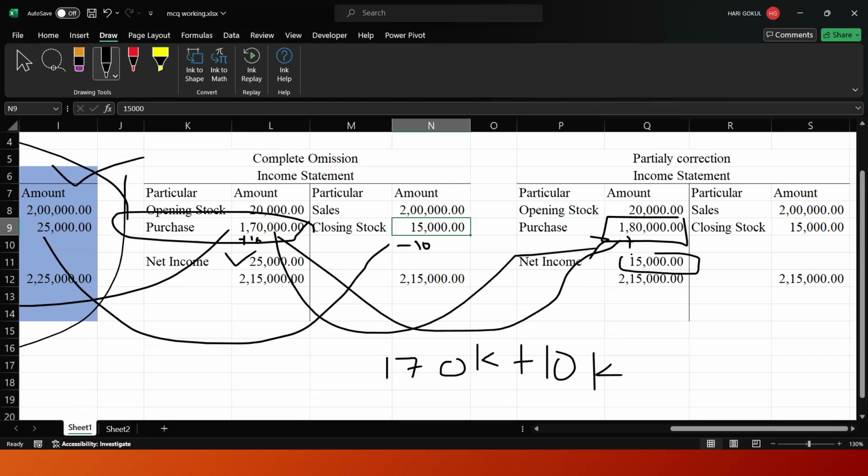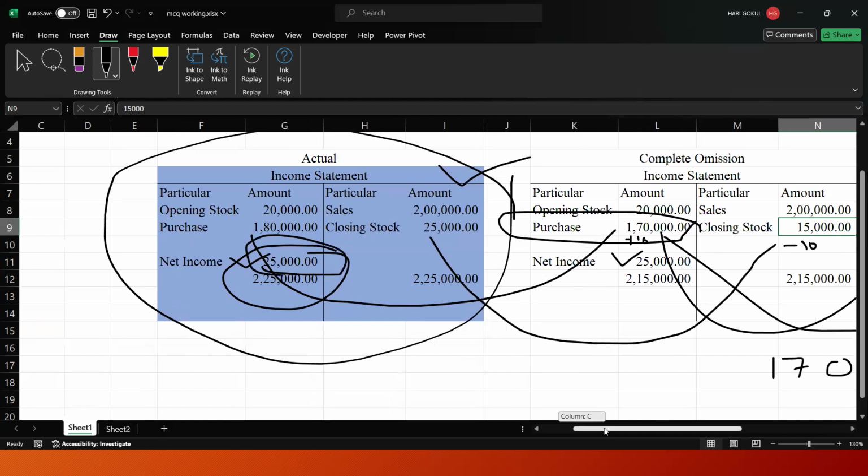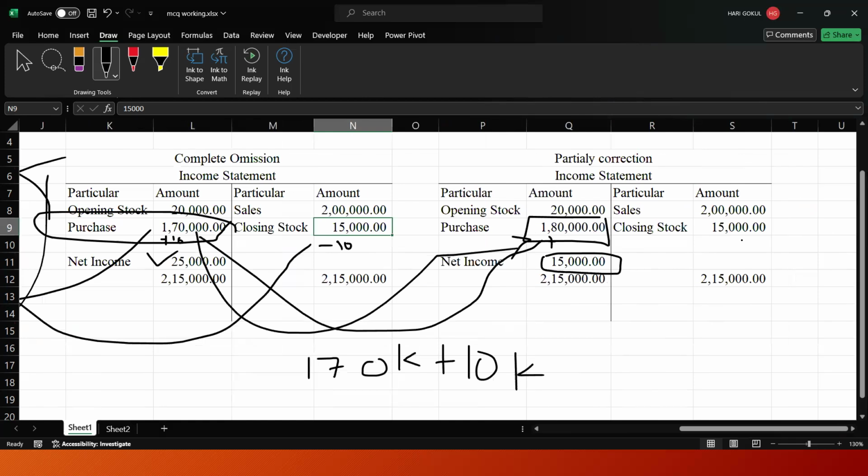So my net income is $15,000. And what's the actual? The actual is 25,000. Obviously, the closing stock is understated. So it has an impact on the net income. So it's reduced by $10,000.